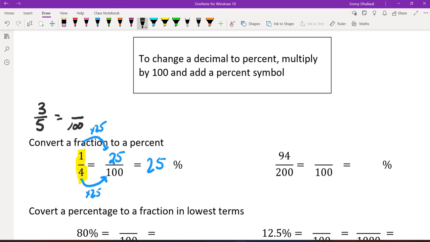So once again, not everybody sees that process. So what Nick says, you double it, or actually he meant multiply by 20. So you want to go from 5 to 100, so you times by 20. You have to do the same to the top, times by 20. So you get 3 times 20, which is 60, what Nicholas said, which is also 60 out of 100, so 60%.